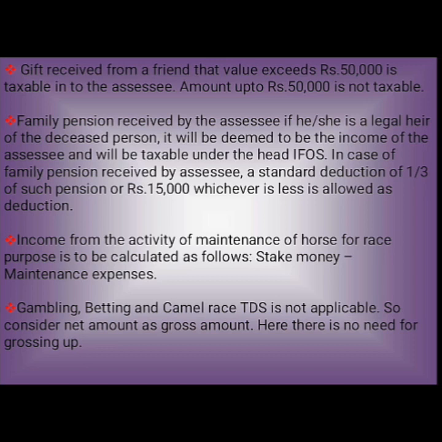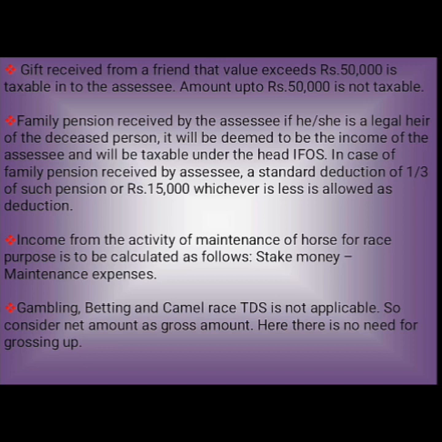Family pension received by the assessee, if he or she is a legal heir of the deceased person, will be deemed to be the income of the assessee and will be taxable under the head income from other sources.